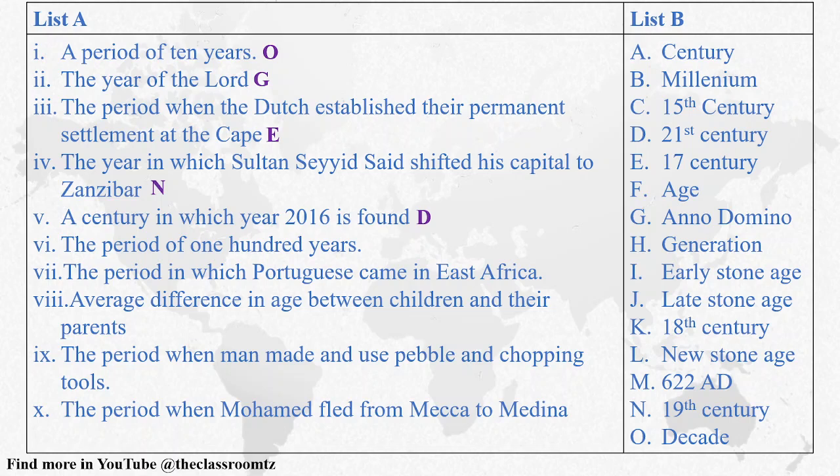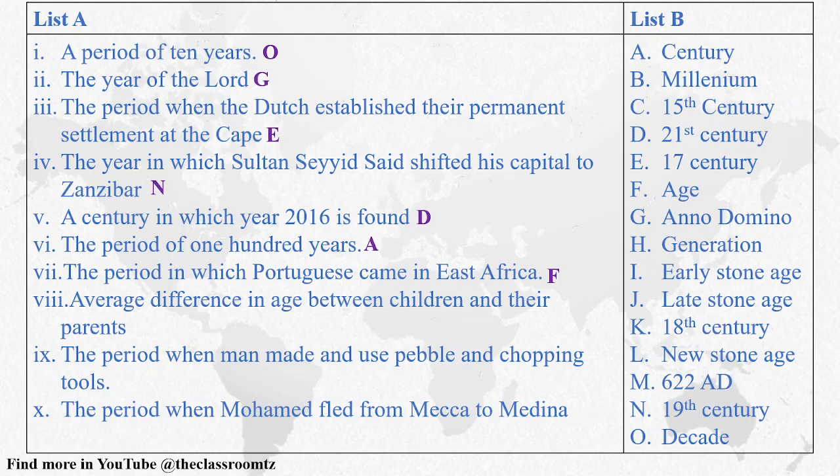A period of 100 years, everyone knows this, please make sure you know it. A period of 100 years is a century. 100 years stands for century. A period in which the Portuguese came to East Africa. Make sure you know the year and convert that year to a century. Then we go to F. No, F is not the correct answer.